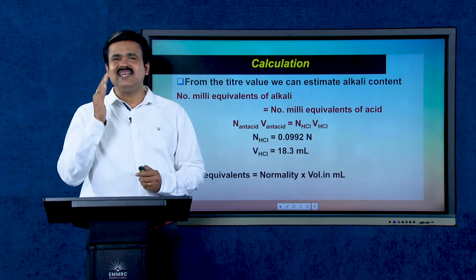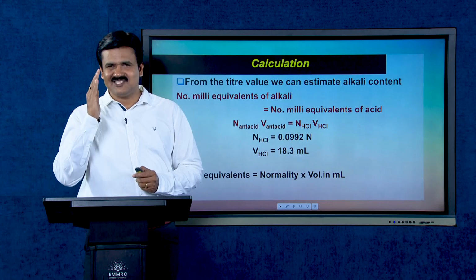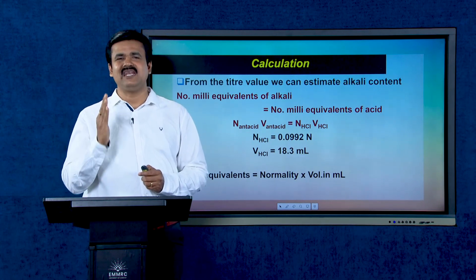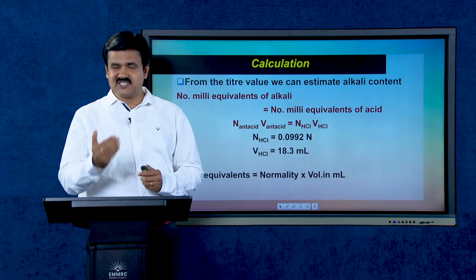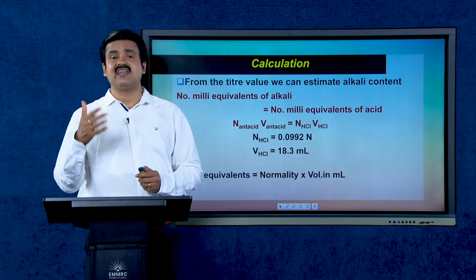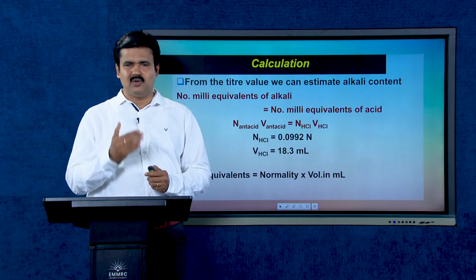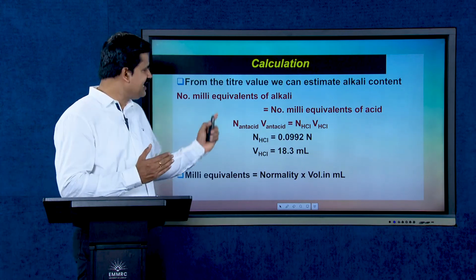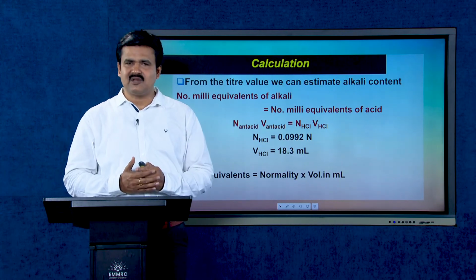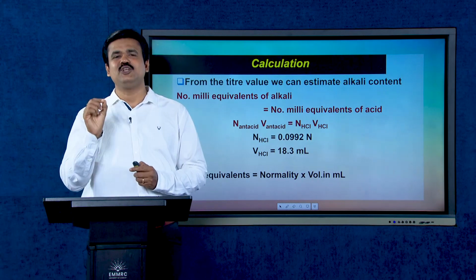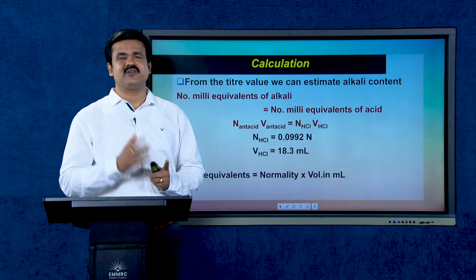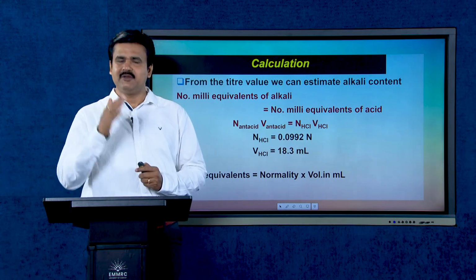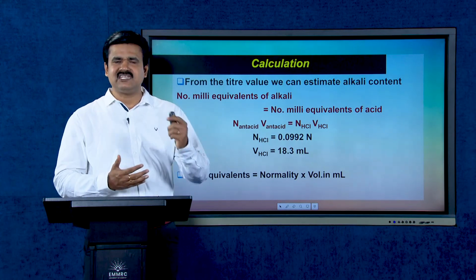The number of milli-equivalents of HCl should be same as number of milli-equivalents of alkali. This made the evaluation of number of milli-equivalents of alkali possible. So, remember the expression milli-equivalence is calculated as normality into volume in ml. We got the normality of HCl as 0.0992 normal and volume of HCl equal to 18.3 ml.